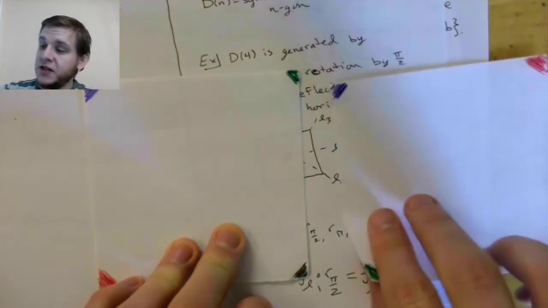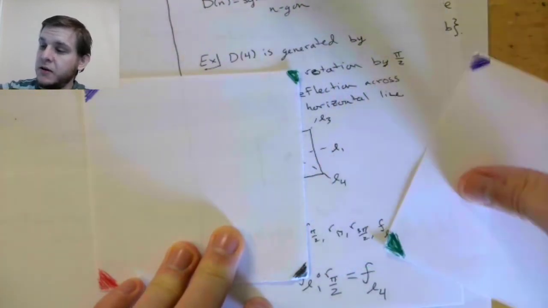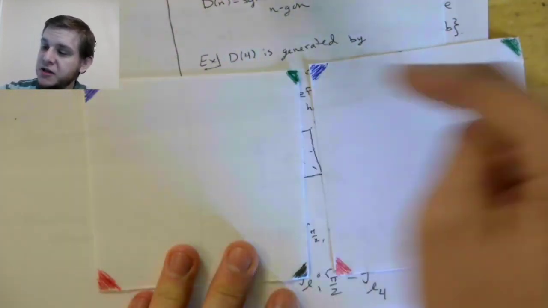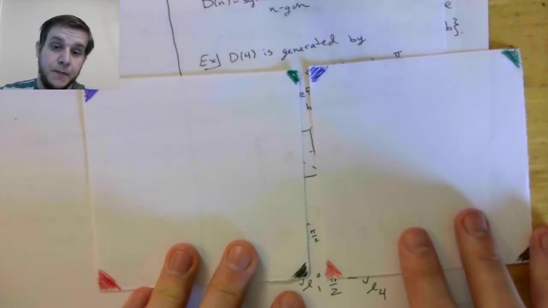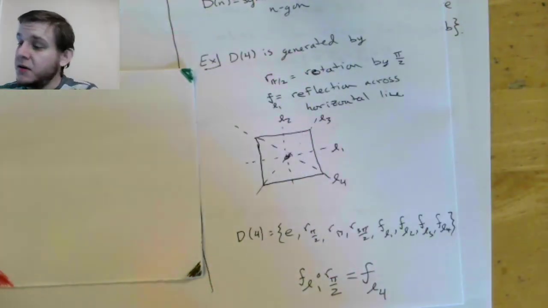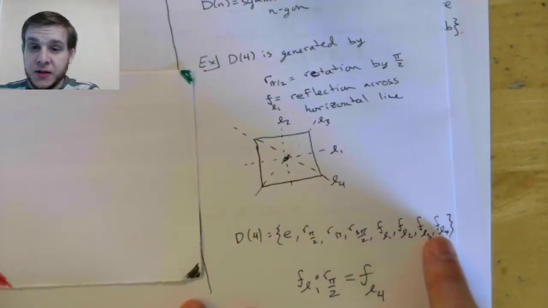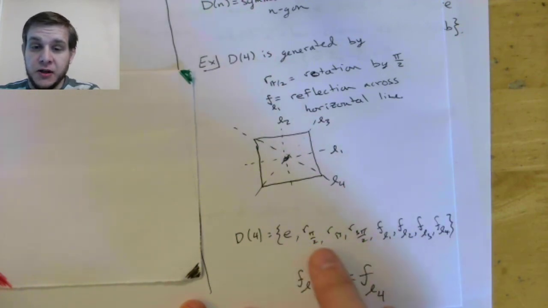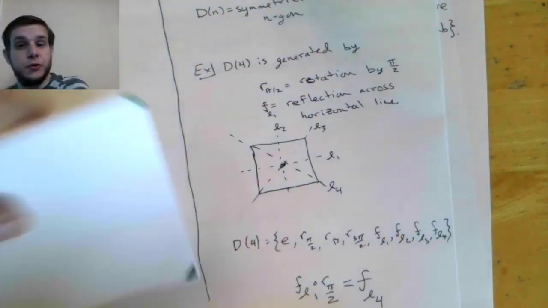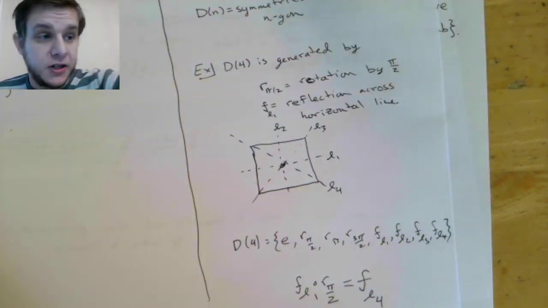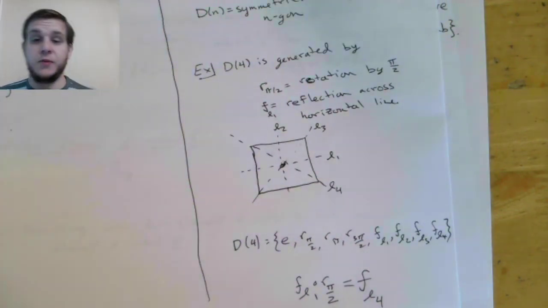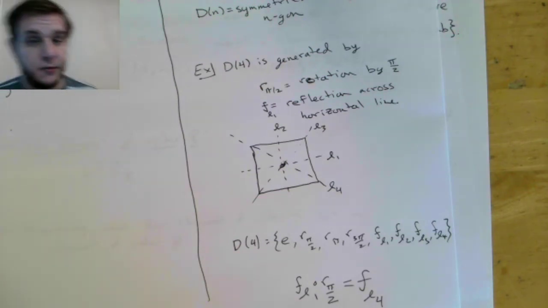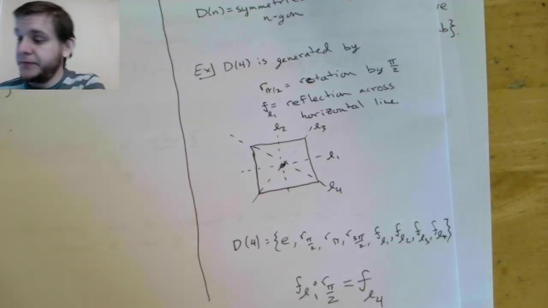And if I reflect across the diagonal, and then do it again, I just swap these two positions, and then they get swapped back again. So each of these are order 2 elements, and each of these are order 4, and this is order 2. So every element has order 2 or 4, which makes sense according to Lagrange's theorem, right? D4 is supposed to be an order 8 group, so every element should have order 2 or 4.